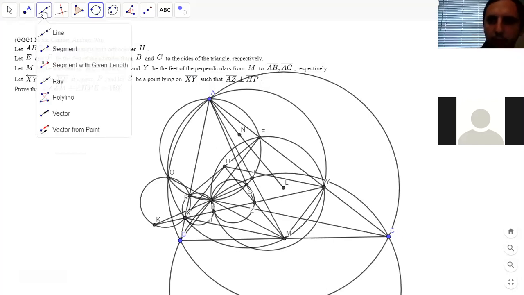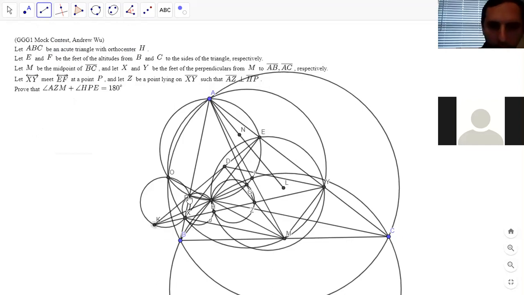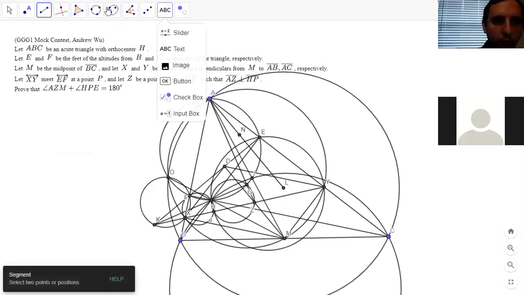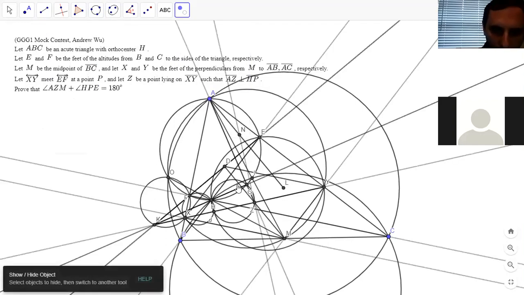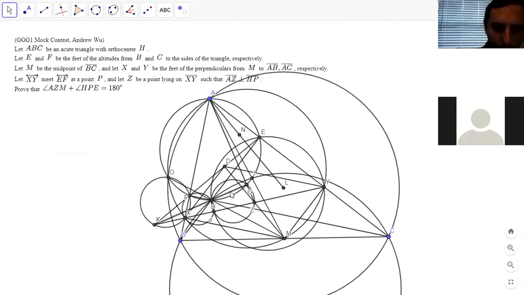Okay, so we would define EF and XY. Yeah, I'll hide HG. I think I have to do it this way. Hold on a sec. There we go.